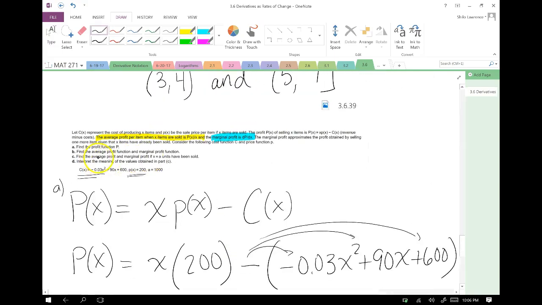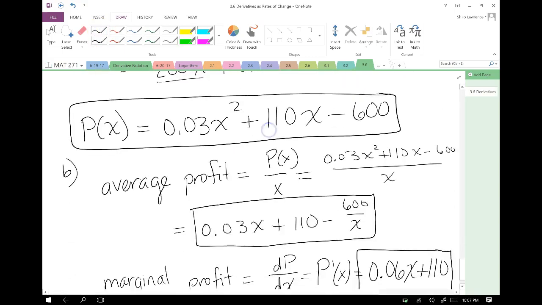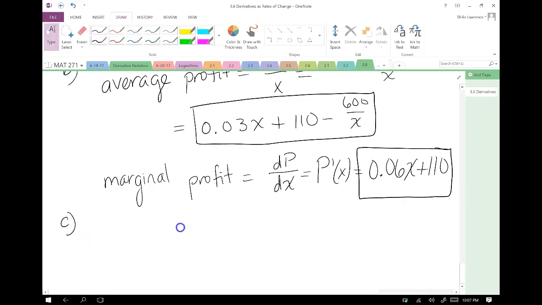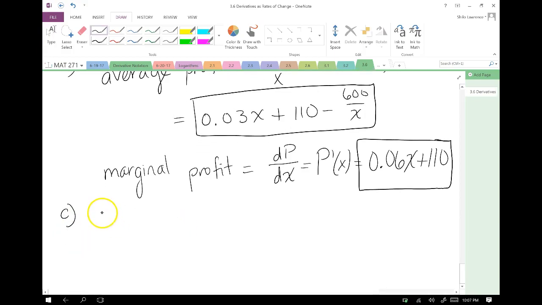Part C says find the average profit and marginal profit if x equals a units have been sold, and they give us an a value here. A is 1,000. So just some algebra. We've already figured out the functions. Now we just need to plug 1,000 into them. So P of 1,000 over 1,000.